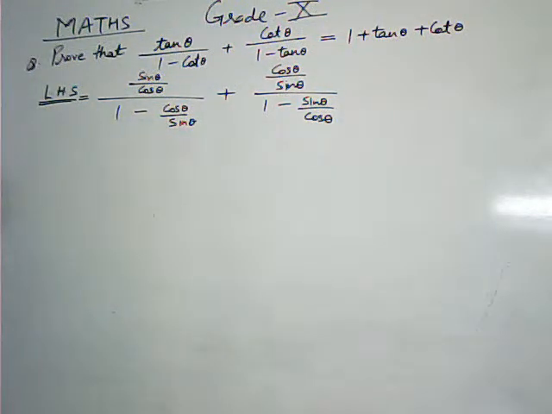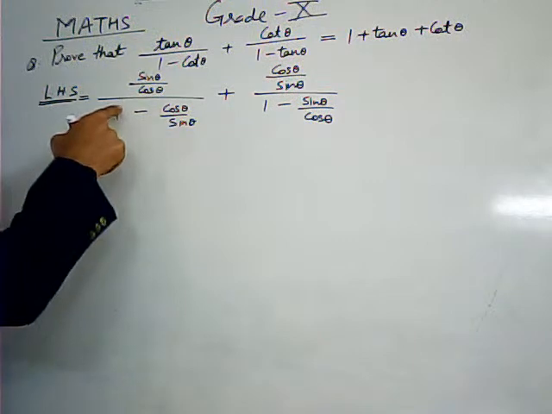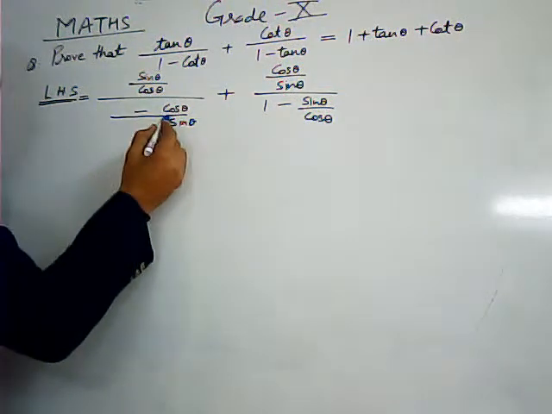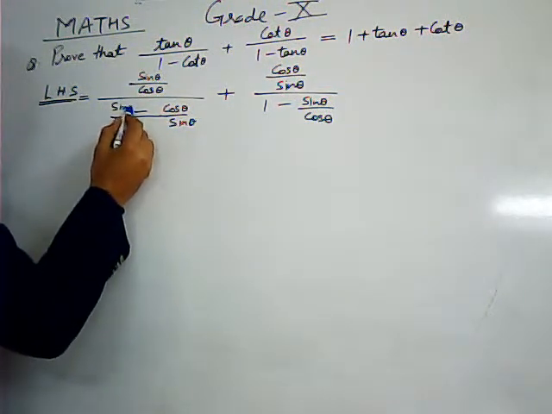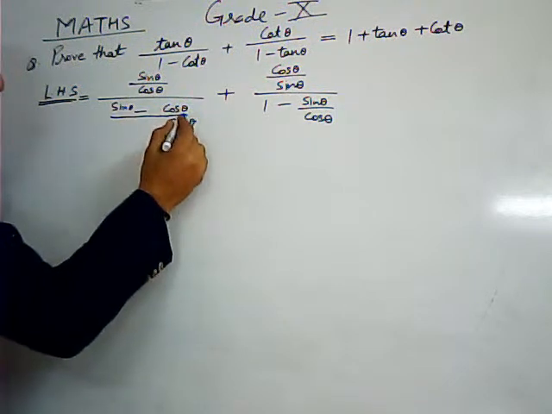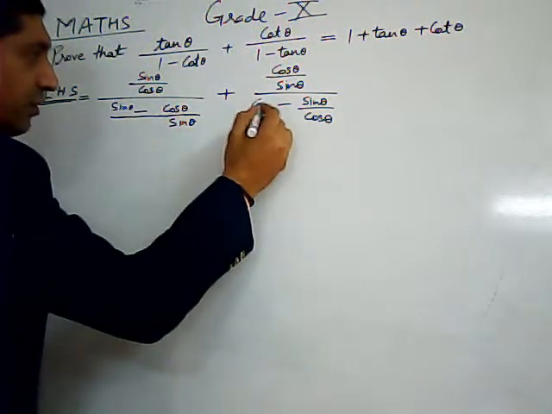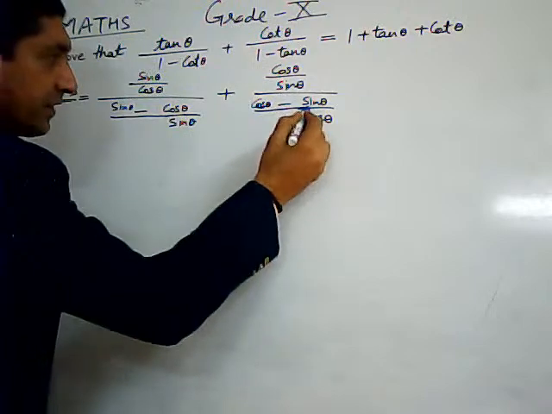So here we can take the LCM. So here it will be sine of theta upon sine of theta, and here it is cosine of theta minus sine of theta, right?